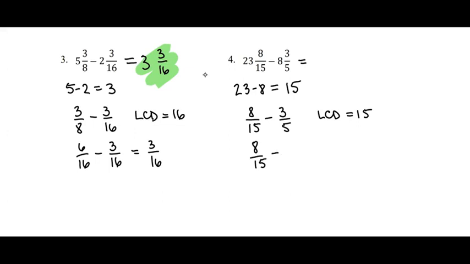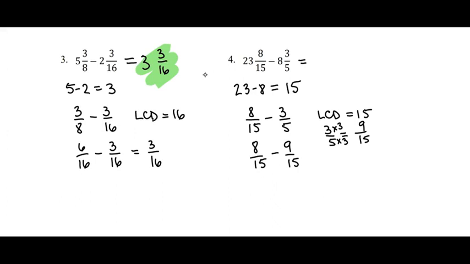But the 3 over 5 now has to be over 15. 5 goes into 15 3 times, so you have 9 over 15. Okay. So 8 minus 9, you cannot take 9 from 8.